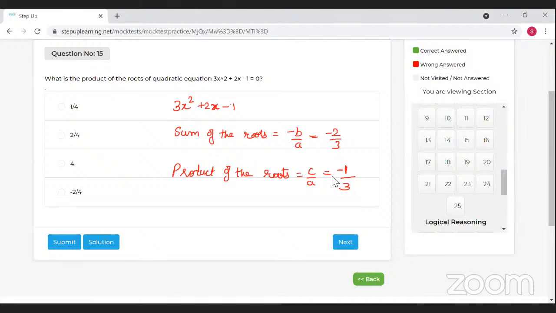Okay. Wrong options. Fair enough. Let's move to the next one.